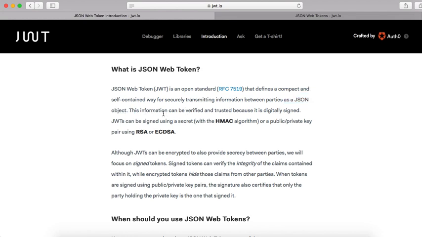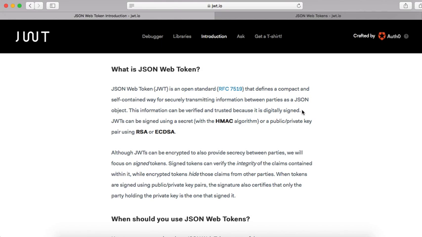Further, it says that this information can be verified and trusted because it is digitally signed. So from this we can translate what JWT is in plain English like this: JWT is something which carries some information which can be transmitted securely because it is digitally signed.